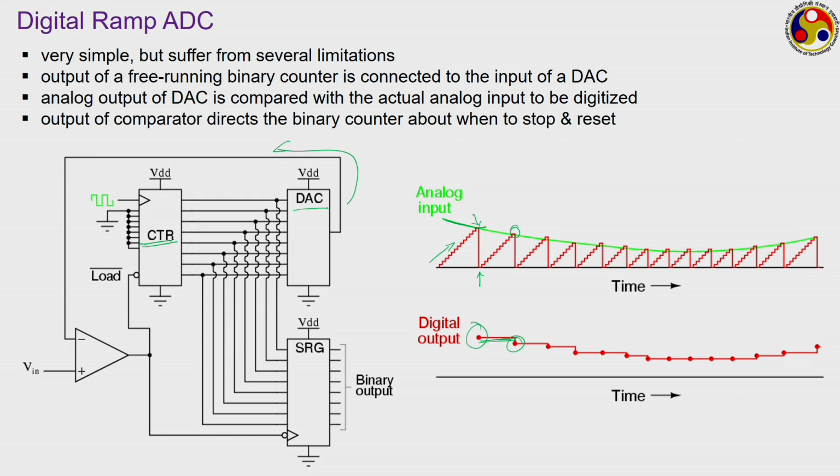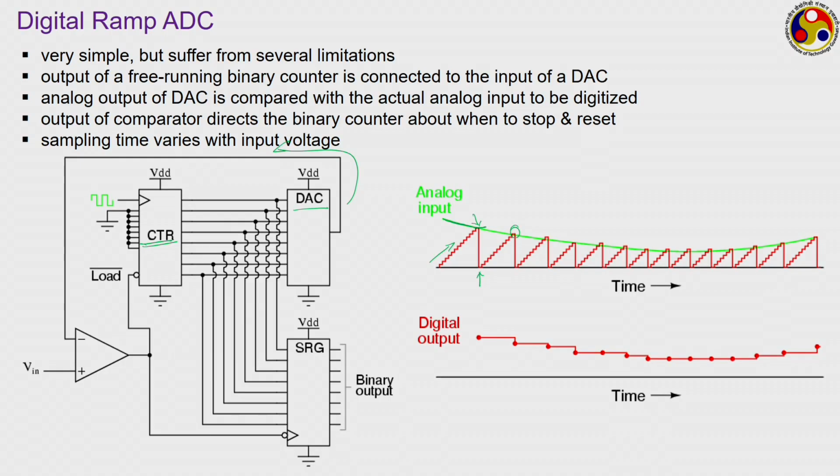So, this is a very simple mechanism of operation, but what do you feel are the shortcomings it can have? Definitely it is quite slow, because every time you are starting from 0, continuing till you meet the analog signal, and as soon as you meet the analog signal you fall back to 0. So, it is very slow in its operation. The sampling time keeps on varying with the input voltage.